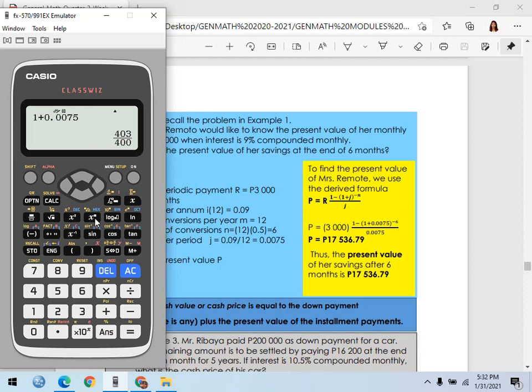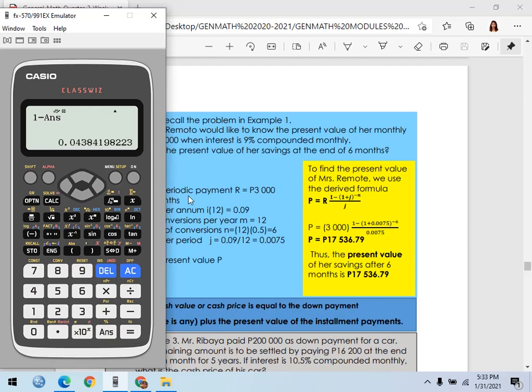And then, raised to, so yung key for exponent, and then, exponent is negative 6. So, raised to negative 6 equals. And then, 1 minus answer. Hindi siya pwedeng answer minus 1. Nagiging mali yung sagot nyo. Again, it should be 1 minus yung answer na nakuha natin kanina.